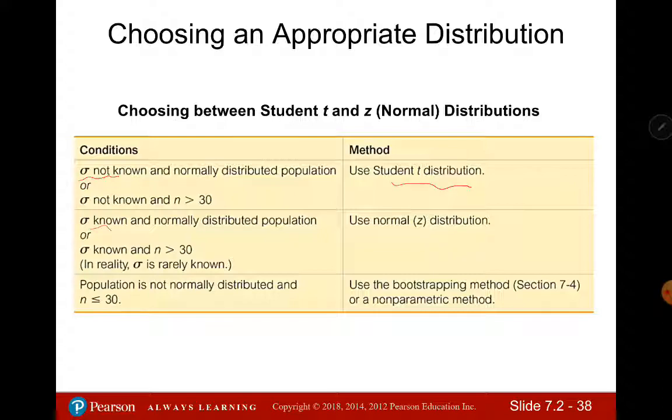If sigma is known, use Z distribution. If it's not normally distributed, we ignore this part. We only need to know: sigma is unknown, use T. Sigma is known, use Z.